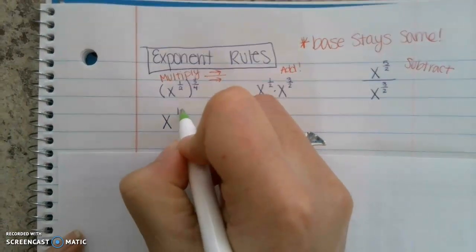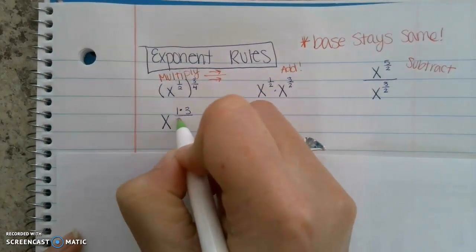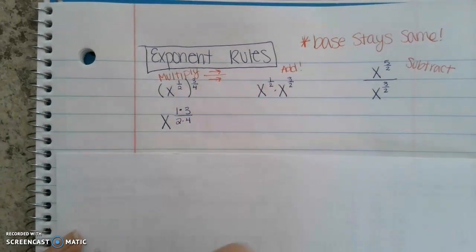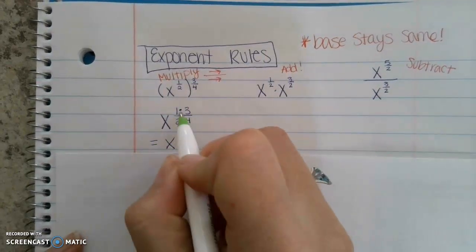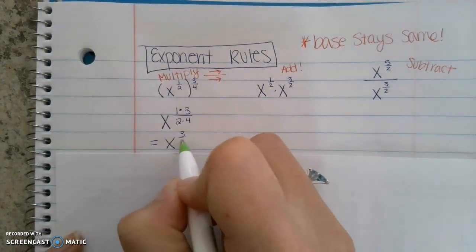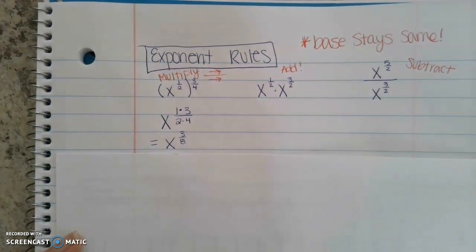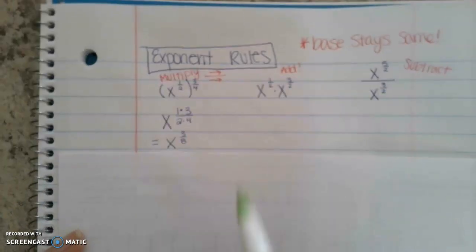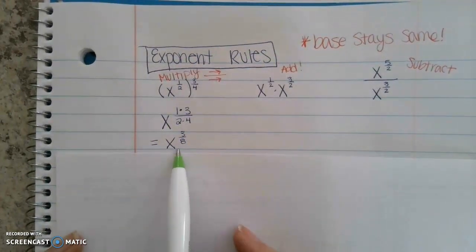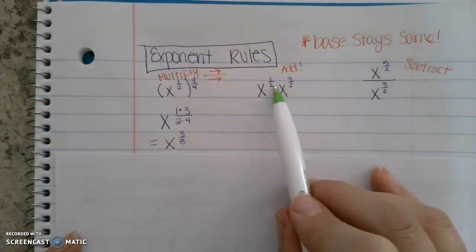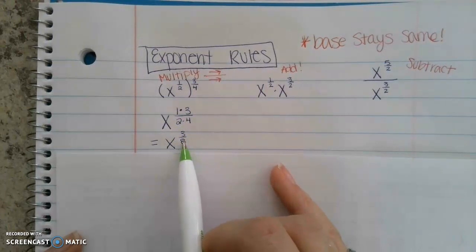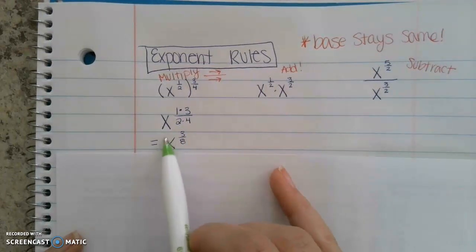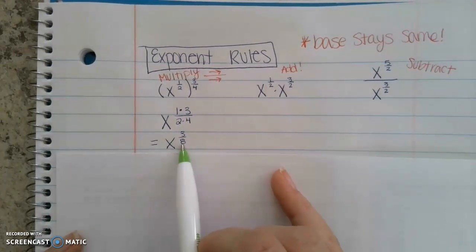So I've got 1 times 3 over 2 times 4. So when I rewrite this, I get x to the 3 over 8. Okay, so that's following our exponent rules. When we get to here, right, so I multiplied my top and my bottom. This simplified, notice my base stayed the same, x to the 3/8.